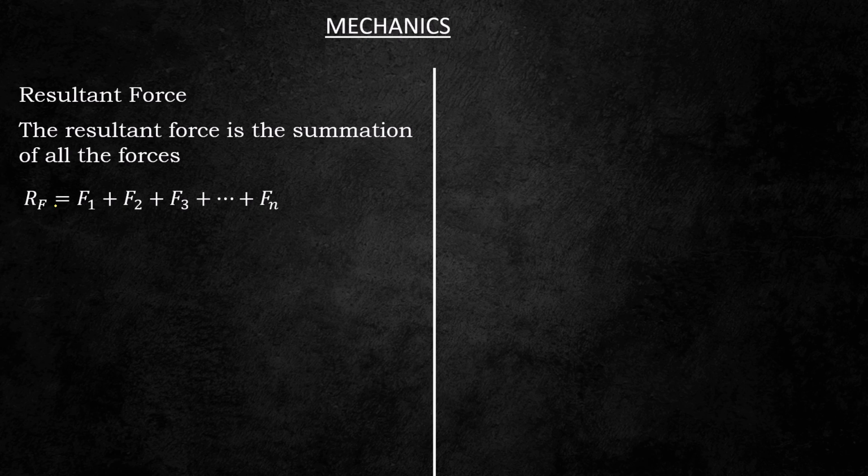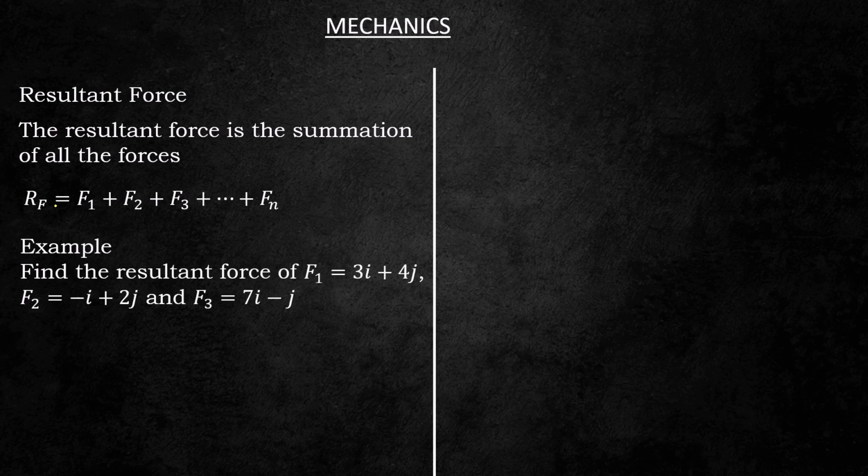So it's going to be force 1 plus force 2 plus force 3 all the way till we get to the force n. So for instance, if we take a look at this example over here, if I have these three forces, force 1 giving us 3i plus 4j, force 2 giving us negative i plus 2j, and force 3 giving us 7i minus j.